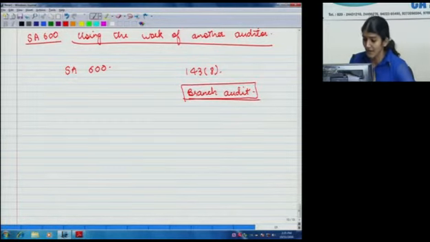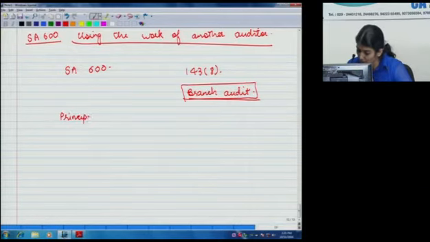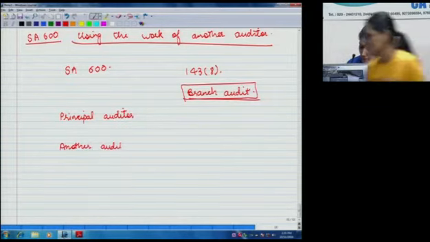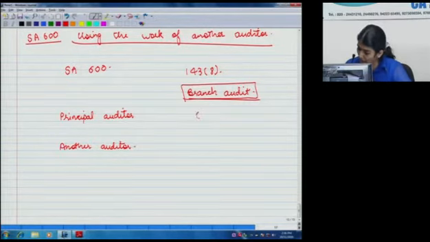Now in SE 600 we call them the principal auditor, and we call him the another auditor, or the other auditor, or the component auditor. And in the Companies Act, we call them the company auditor and the branch auditor.